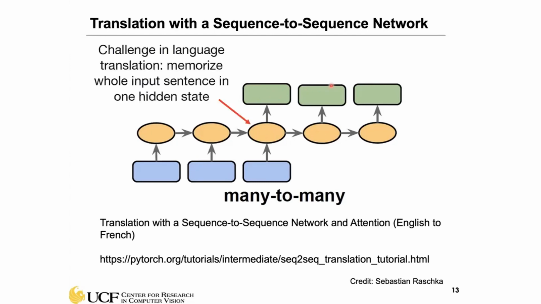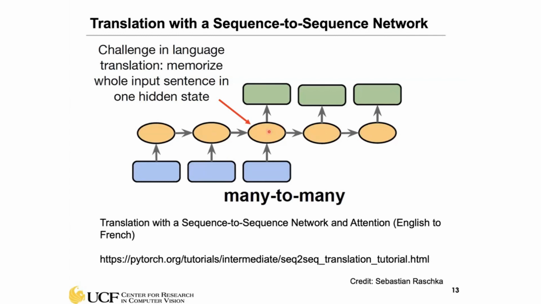The challenge in language translation is that this hidden state needs to memorize the whole input sentence. This is quite challenging, because if we have a very long sequence, this hidden state possibly wouldn't be able to capture the long range correlation very well.